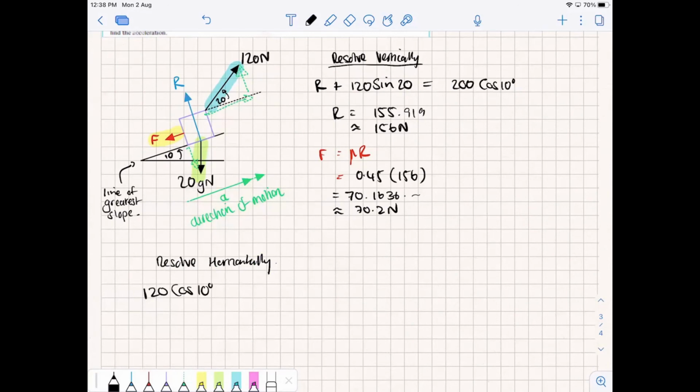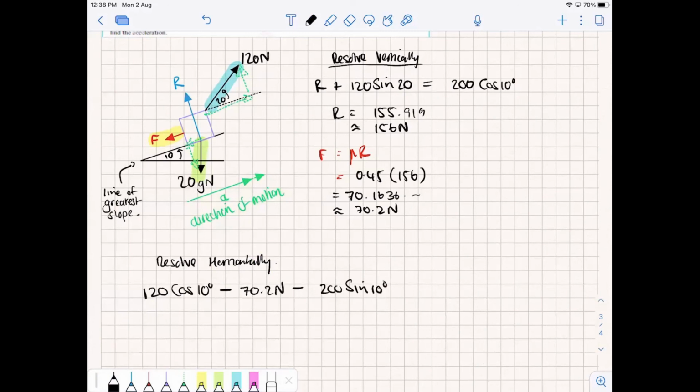Right, now we're going to add the forces in the other direction. But remember, when they're in the opposite direction, it's actually a negative force. So we have minus, right? Well, we know the friction force of 70.2 newtons. And the other force acting in that direction is this horizontal component of the weight here. So that will be 200 sine 10 degrees.